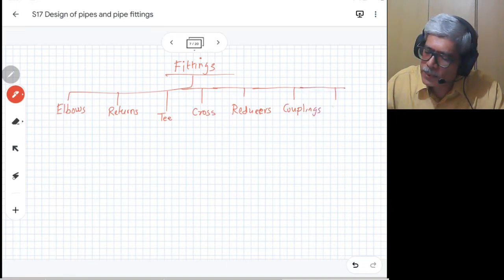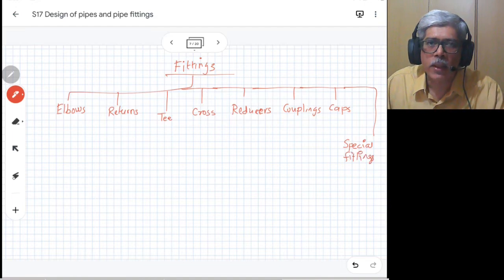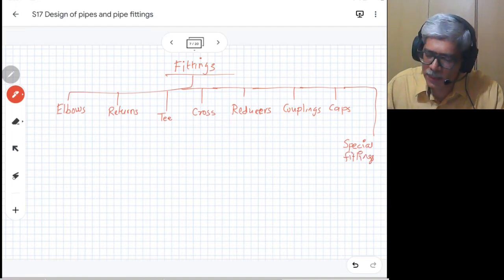You have caps. And then you have some special fittings. So we'll see them pictorially in a next slide, but before that we'll just explain what are those.